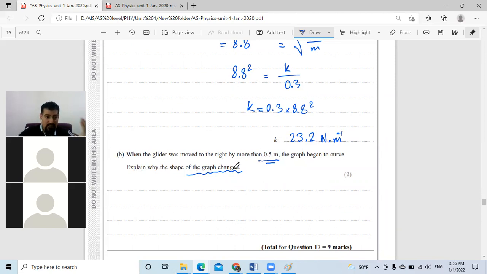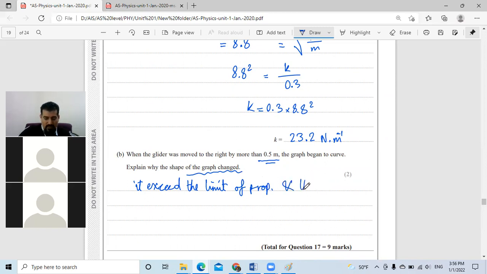Exactly, because it exceeds the limit of proportionality. Is the extension directly proportional to the force anymore? No, it's not directly proportional. It exceeds the limit of proportionality.